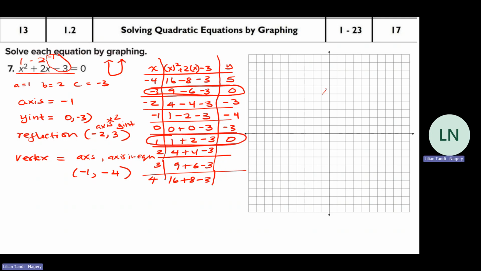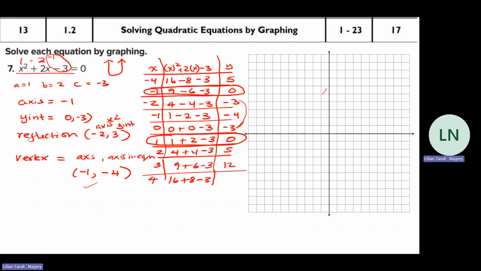Okay. All right. Here is where my graph is changing. My graph will change over here to become a U around here. Okay. And this should be my vertex, which matches here. See? All right. Then what do I want? 4 plus 4 is 8. 8 minus 3 is 5. 15 minus 3 is 12.